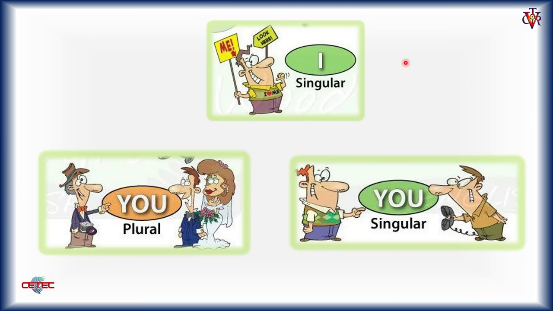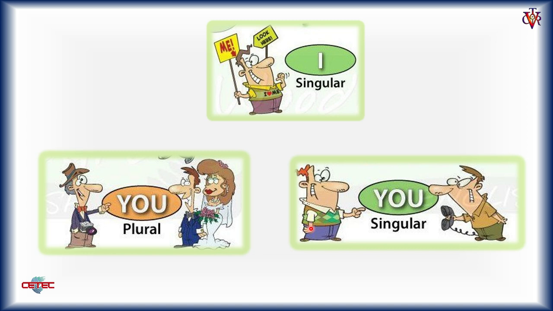Now, we're going to use in singular, I, that means about you, and to talk about yourself. Here we have plural and singular. You, you. Here it depends on the situation. Option number one, you can use you when you refer to two people in general or more than two.